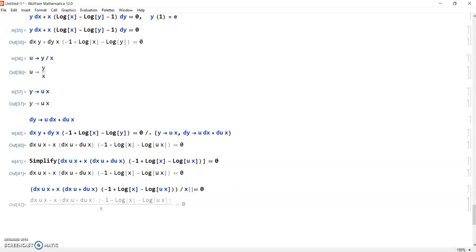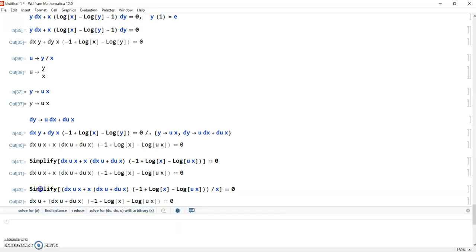So simplify. Okay, yeah, so now the x has been eliminated, and then what I can see is that I need to take dx on the other side.